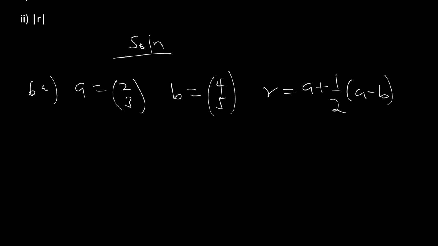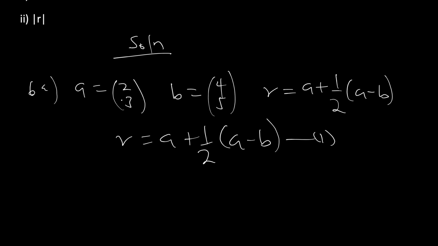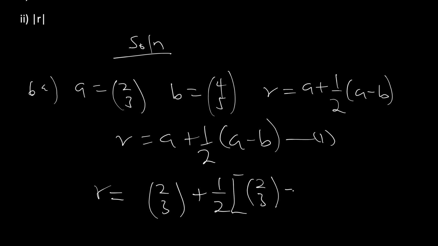So we are being asked to find R. Anywhere we see A in the equation, we put (2, 3), and anywhere we see B, we put (4, 5). So our R will be equal to (2, 3) plus 1 over 2 into bracket (2, 3) minus (4, 5).